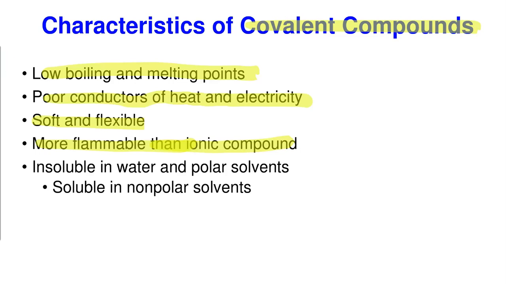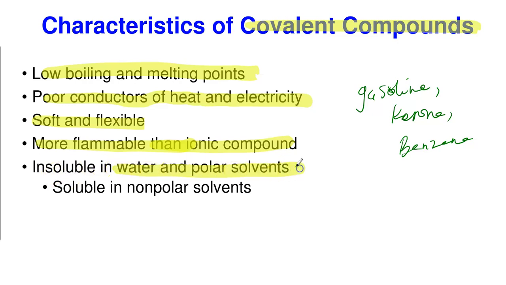A good example here is gasoline. Your gasoline, kerosene, and most organic compounds, the class of alkanes, alkenes, alkynes, and all the rest of them, and benzene, are all examples of covalent compounds. Because they are not polar, they are mainly insoluble in water and other polar solvents.